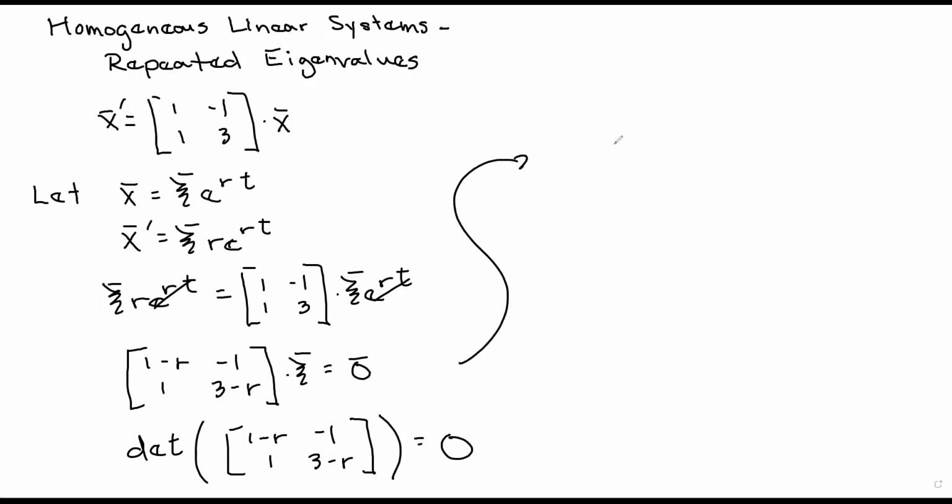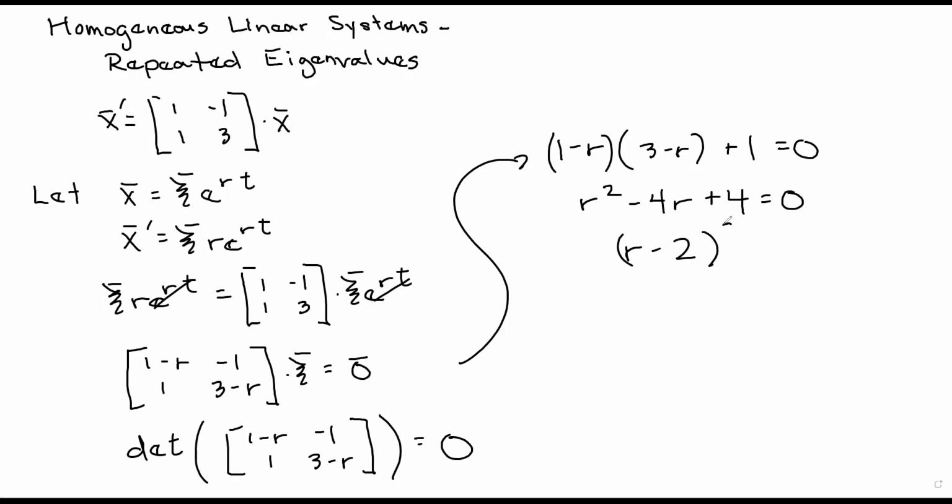We get (1 minus r)(3 minus r) plus 1 equals 0. That's r squared minus 4r plus 4 equals 0, so (r minus 2) squared equals 0. That gives us r equals 2, a repeated eigenvalue. It's repeated twice, which is what the square represents.